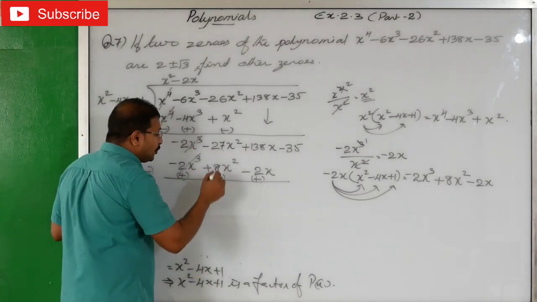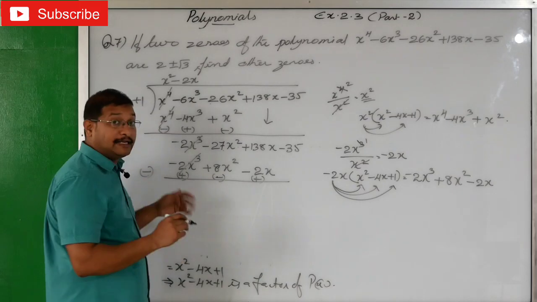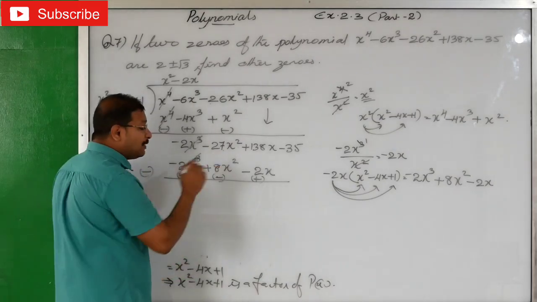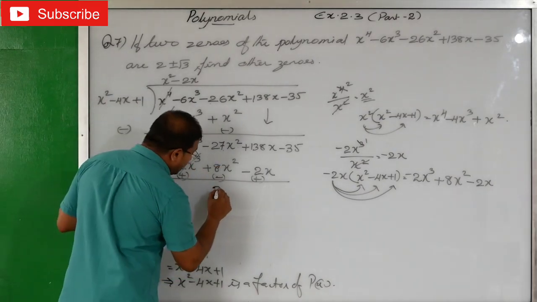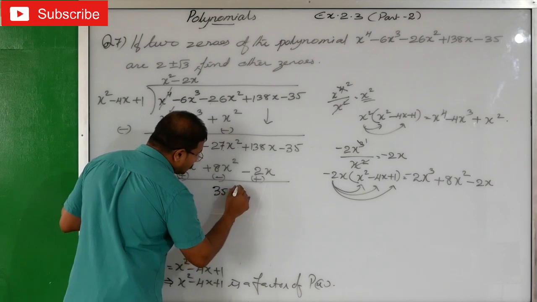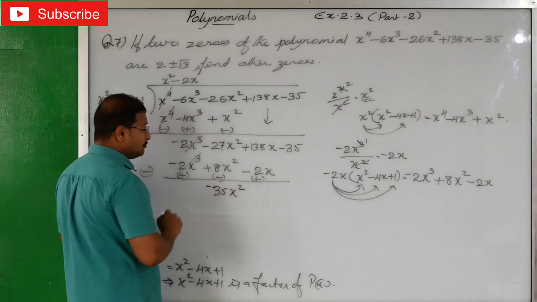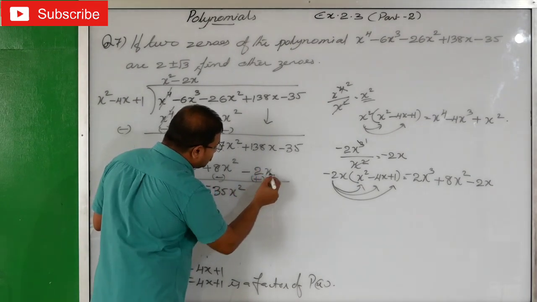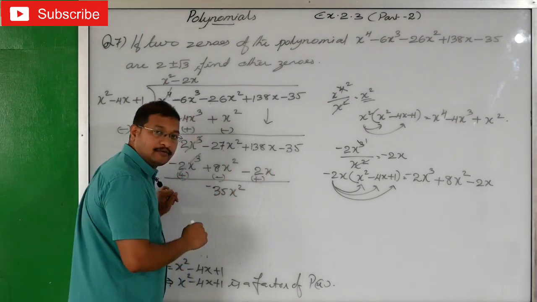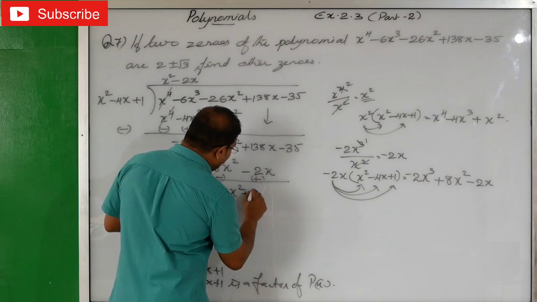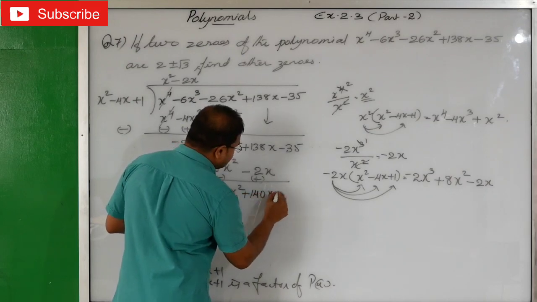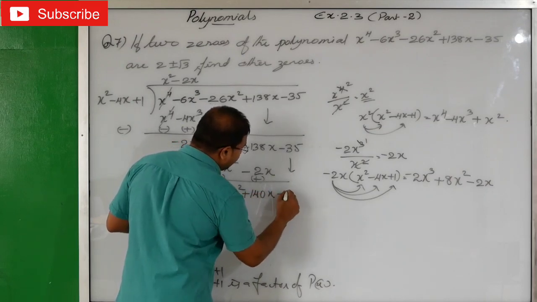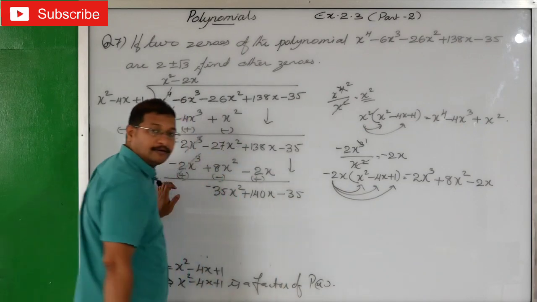Minus 27x square minus 8x square. Minus into minus is plus. So 27 plus 8, 35x square. But of course the sign is minus. Now plus 138x plus 2x. 138 plus 2, that means plus 140x, and this 35 will bring down minus 35, isn't it?